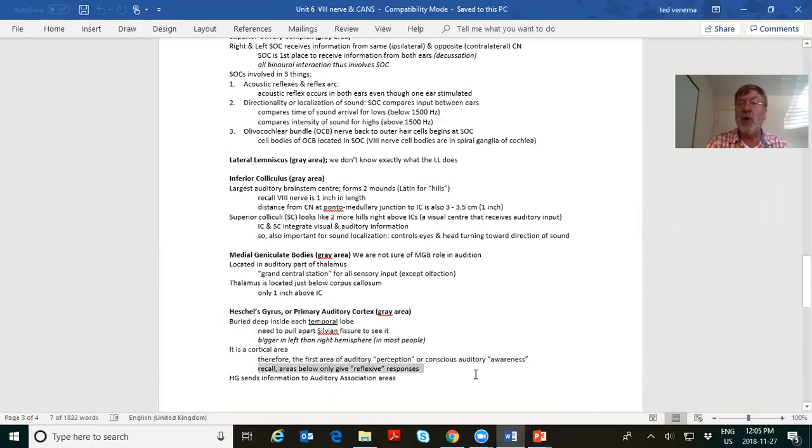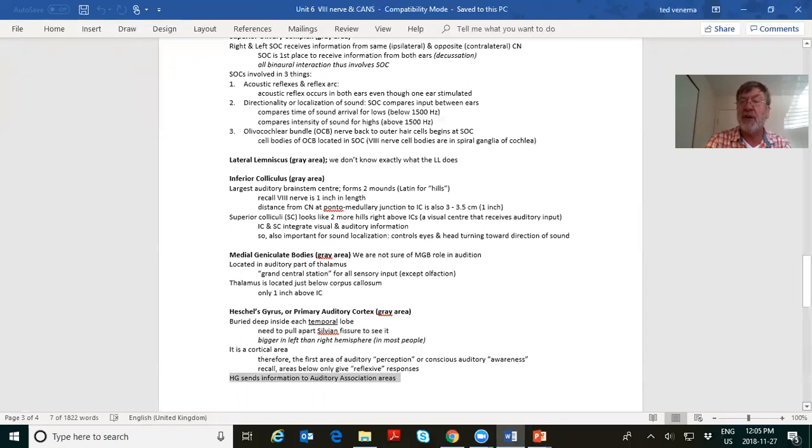Recall, areas below only give reflexive responses. Now remember, Heschel's gyrus is called the primary auditory cortex. It sends information to auditory association areas. So primary auditory cortex, Heschel's gyrus.